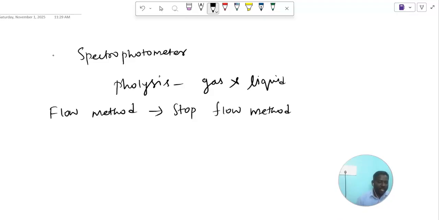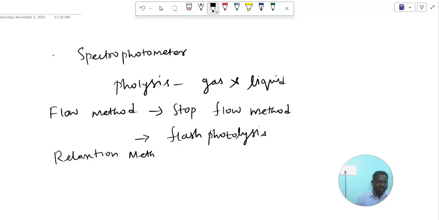In case of fast reaction, the flash photolysis method is used. There is another method called the relaxation method.